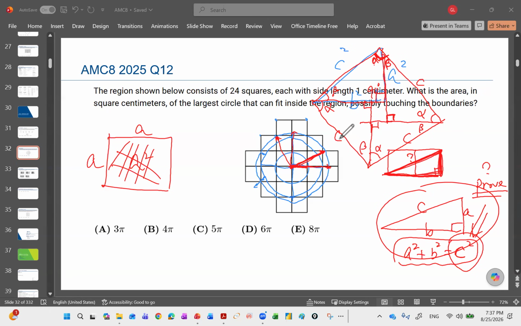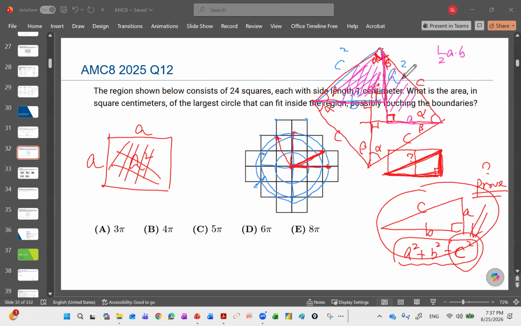So you can see there's something interesting. This is A, this is B, right? So the area of this triangle will be half of A times B, right? And it looks like this is the same.